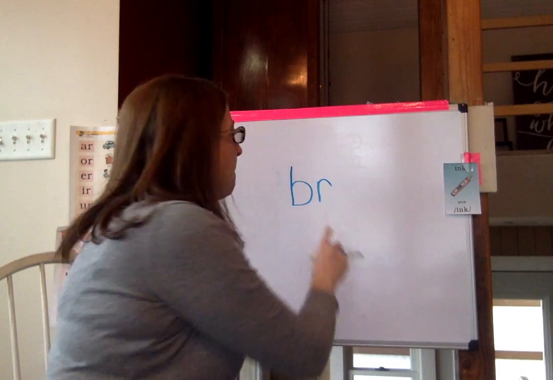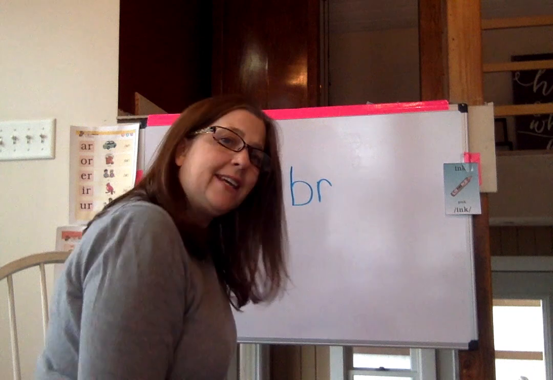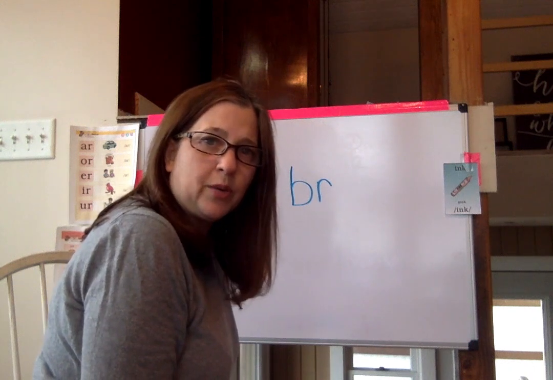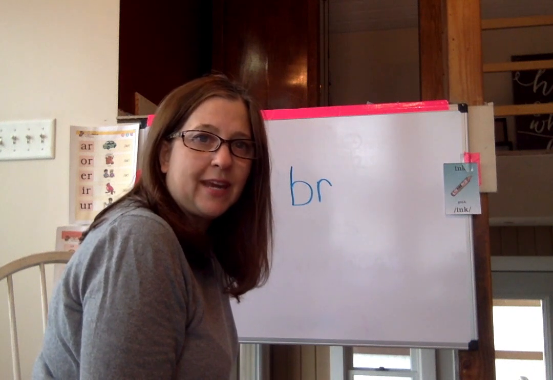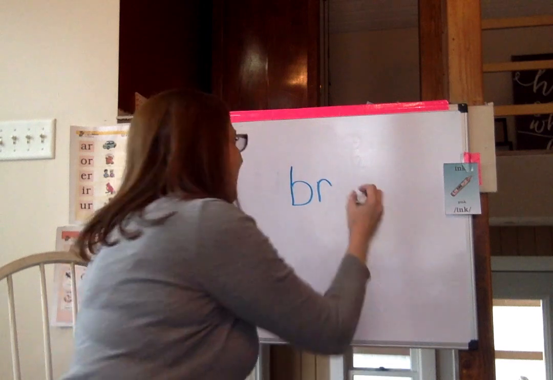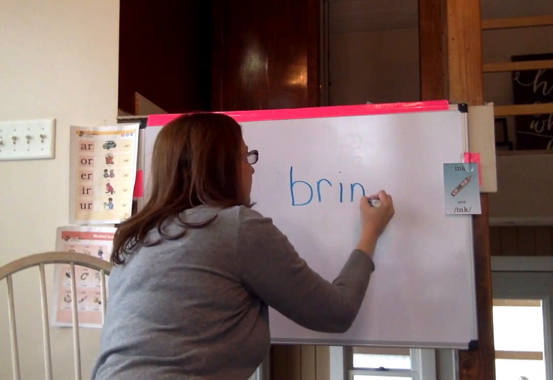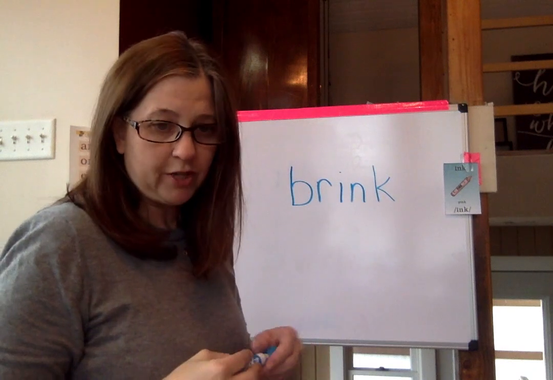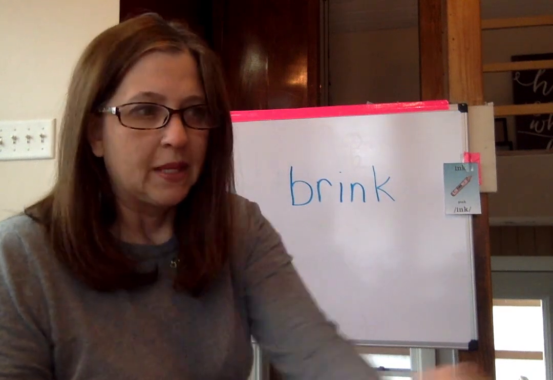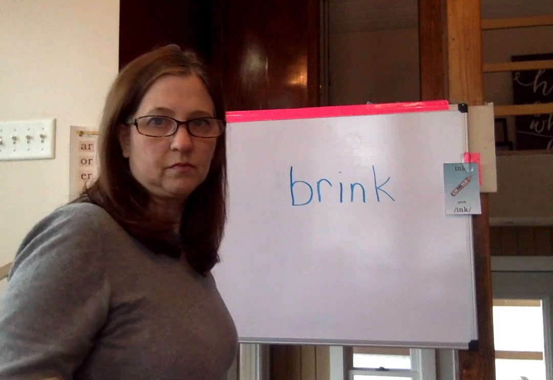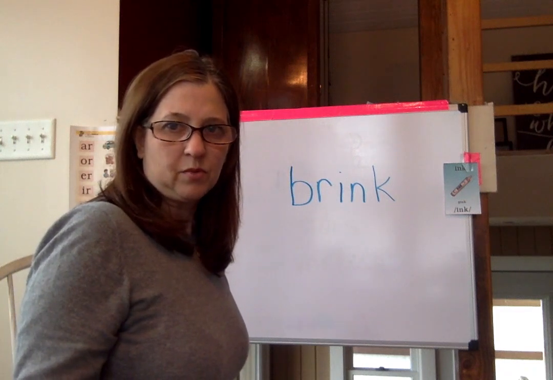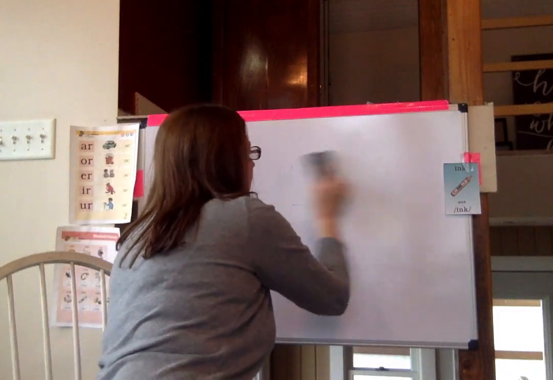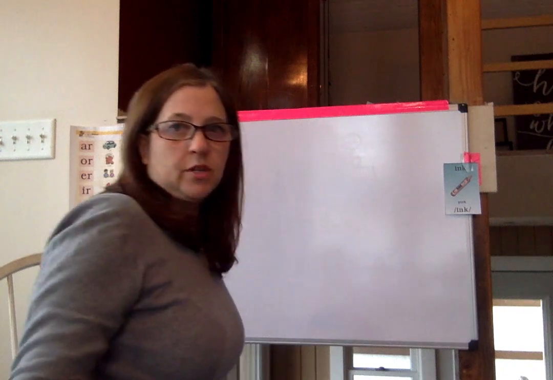R. And ink. Ink is a glued sound. What three letters are you going to write for ink? INK. Very good. So write that. Thumbs up when you are finished with that word. Great.